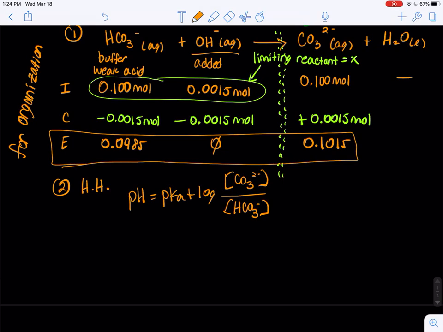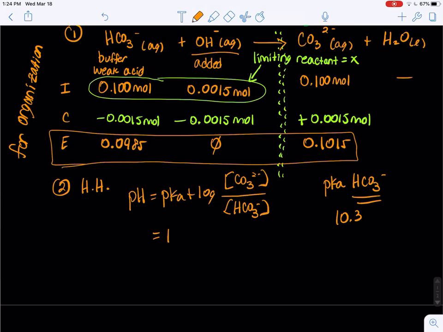Now, you want to refer to an appendix for the pKa of your acid. That's HCO3 minus. So make sure that guy is in the acid column. And what you see there is it's near the very bottom. The pKa of this is 10.3.